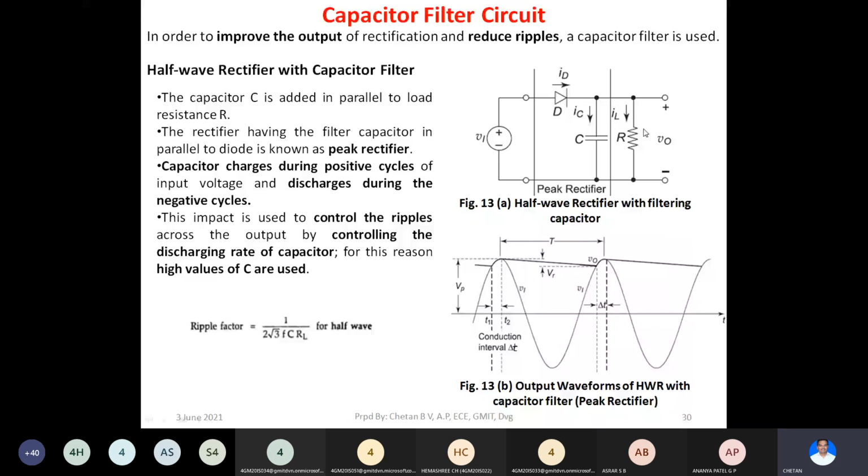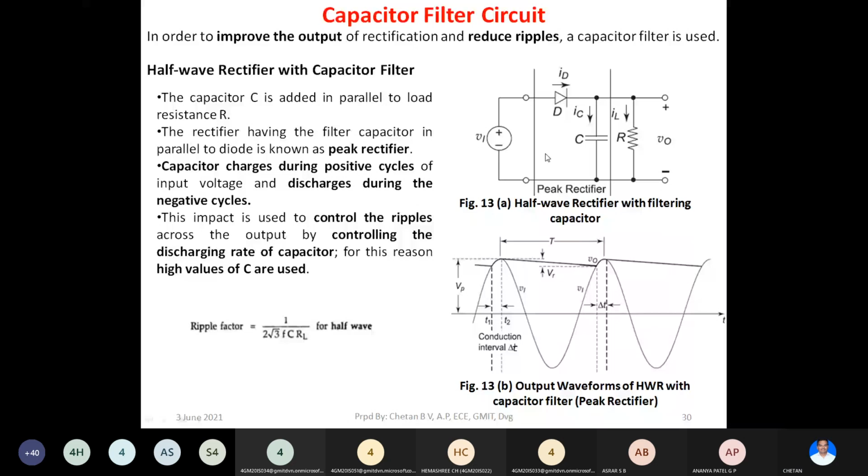In this figure, we have indicated a half wave rectifier circuit, which is a half wave rectifier with a filtering capacitor. A half wave rectifier, as you know, consists of only one diode, right? This type of circuit where you have connected a capacitor across the resistor to reduce the ripple is also called a peak rectifier.